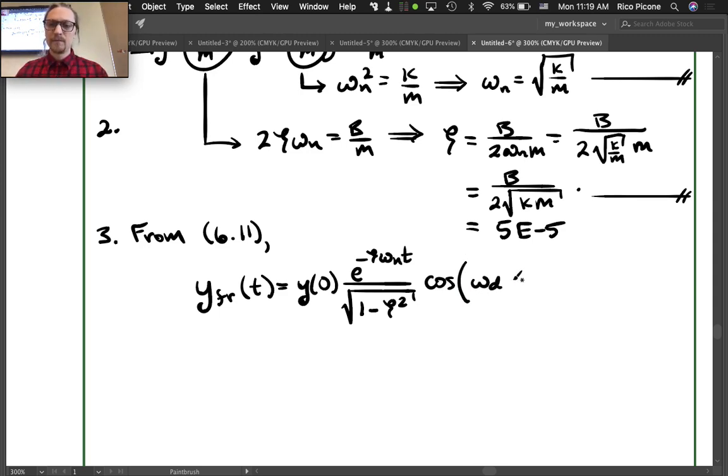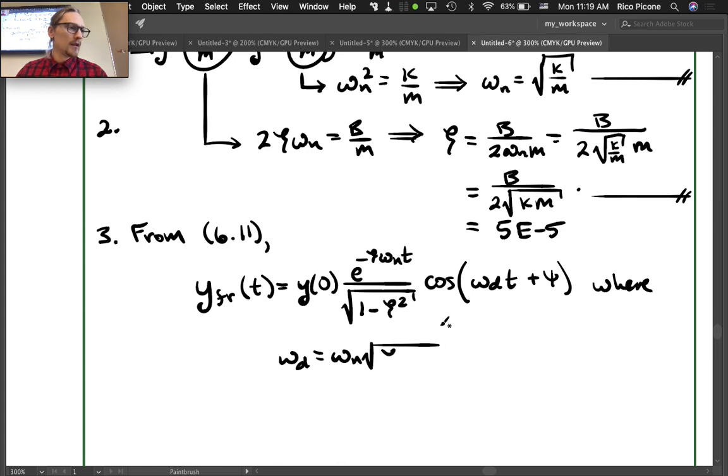Cosine of omega d t plus psi, where omega d is equal to, by definition, the natural frequency omega n scaled by this factor, square root of 1 minus zeta squared.